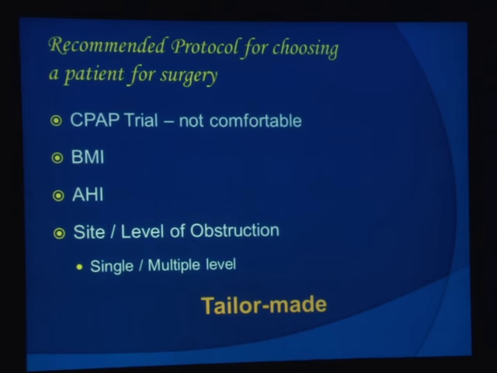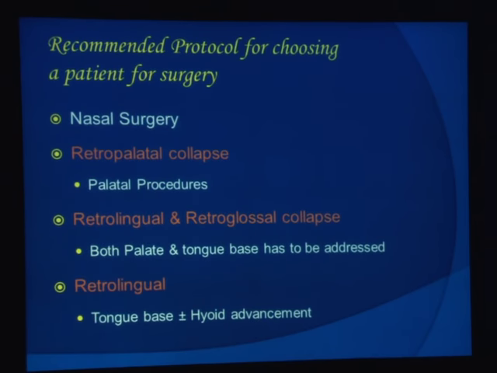So it is not like this patient will go for this surgery. It should be tailor-made for each and every patient. We have to assess in all aspects. Each and every patient is not the same. If there are any nasal issues, they can be addressed, and if there is any palatal collapse, we have a lot of palatal procedures which will be explained in detail tomorrow.